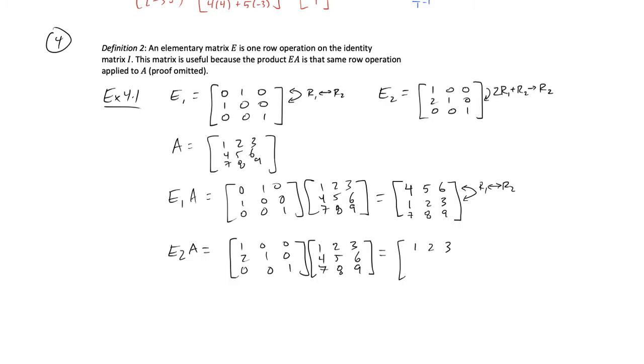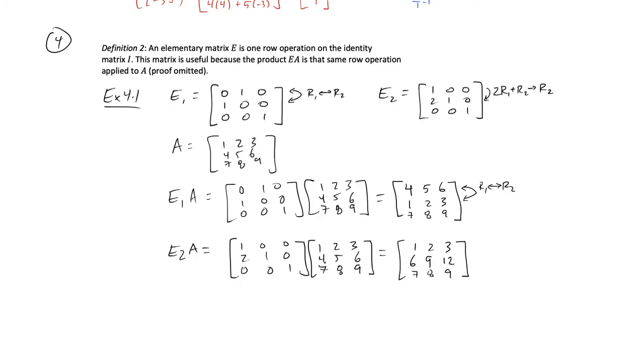So the first row is unchanged, and then this 2 1 0, when you multiply by the first column, you're going to get 2 plus 4, which is 6. Then when you do this second row, second column, you're going to get 4 plus 5, which is 9, and then 6 plus 6, which is 12. And then the last row in each column is going to produce the last element in each of those columns.